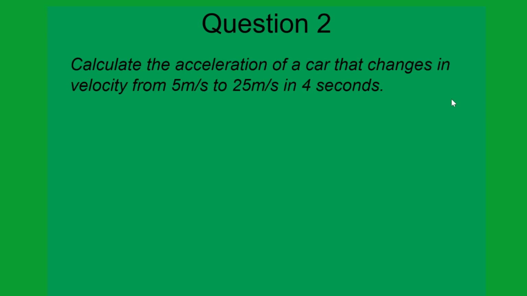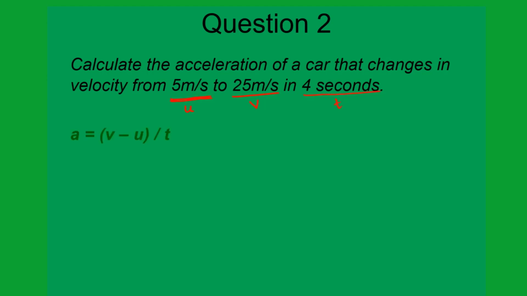Next, question number 2: calculate the acceleration of a car that changes in velocity from 5 meters per second to 25 meters per second in 4 seconds. Here 5 is the initial velocity u, 25 is the final velocity v, and t is the time taken.